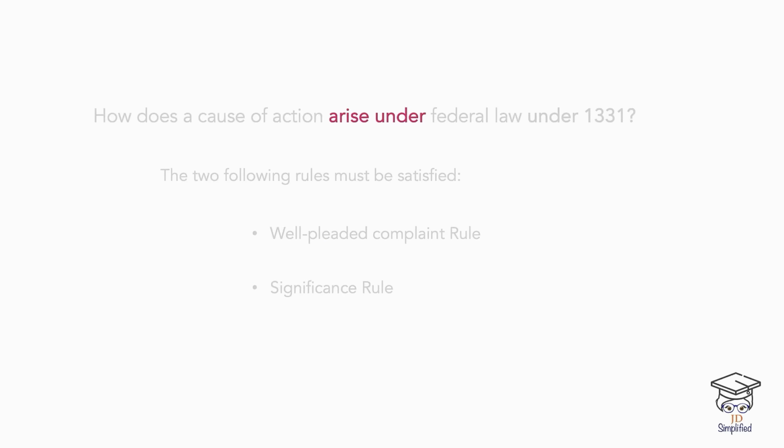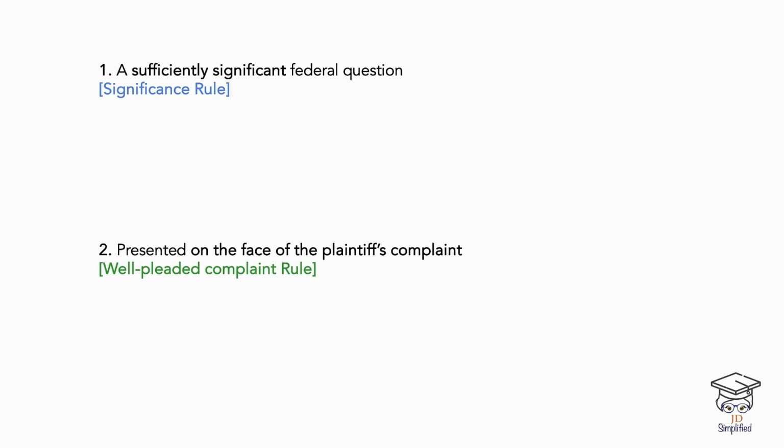Remember, we're going to analyze what arising under means under the statute. A sufficiently significant federal question, significance rule, presented on the face of the plaintiff's complaint, the well-pleaded complaint rule. I think this will make better sense if we begin with the well-pleaded complaint rule.